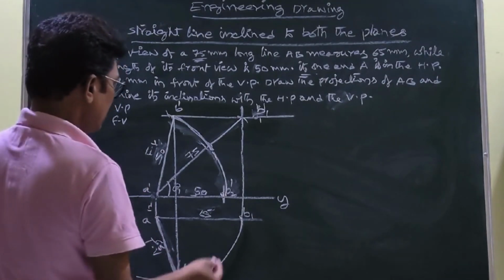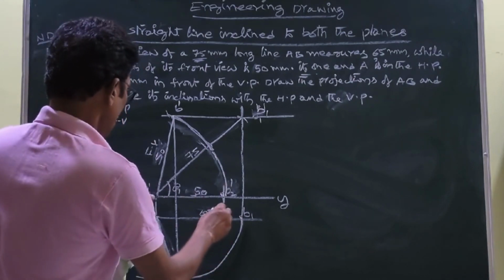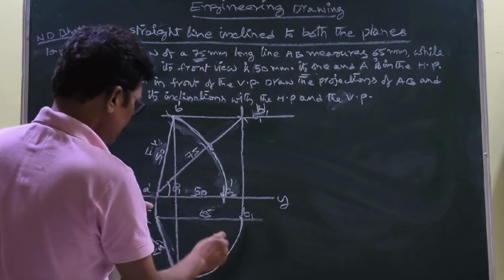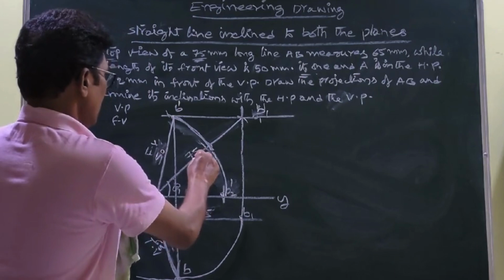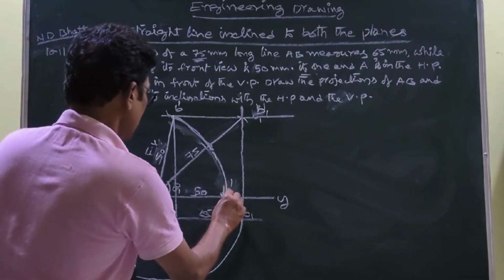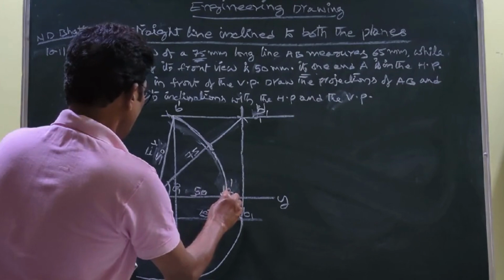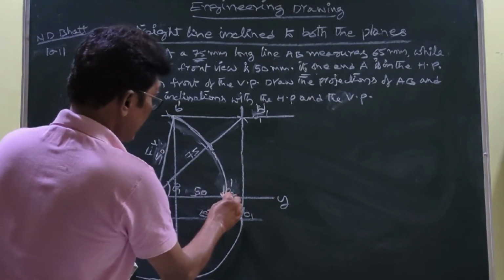If you want to cross check from here, then we have to draw the top view of length 75, so that we know that this is the front view of a line inclined to VP.